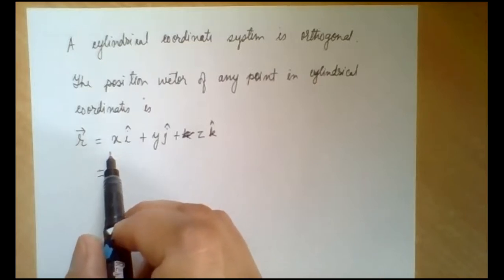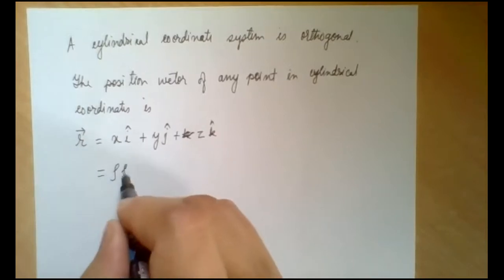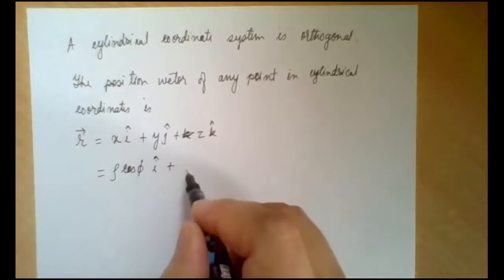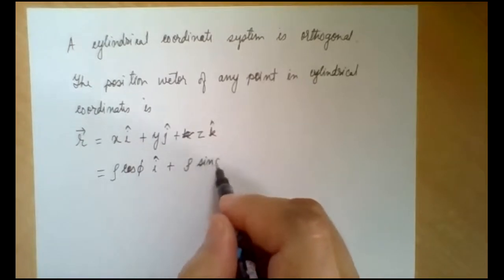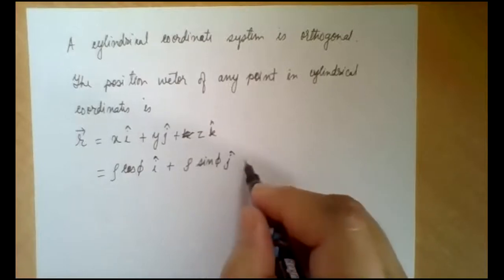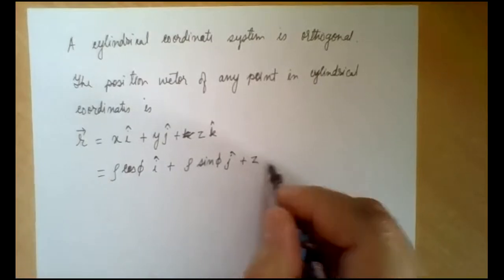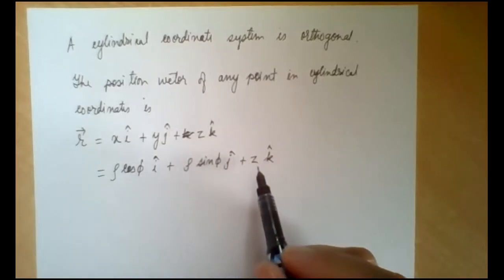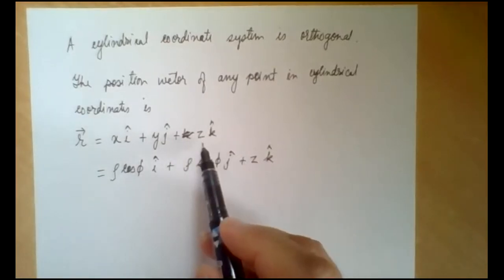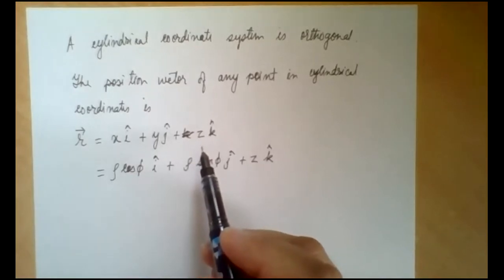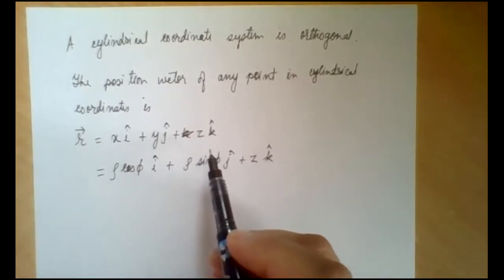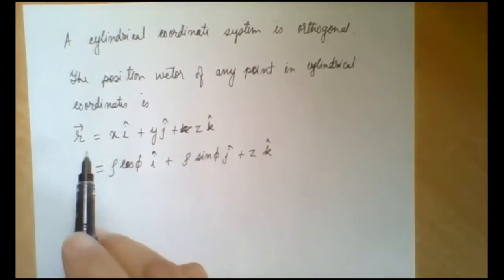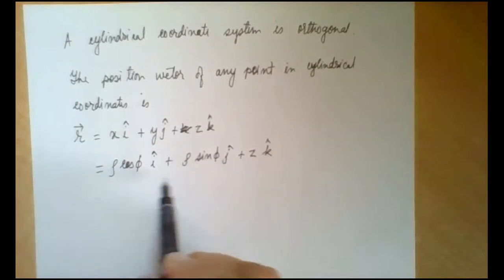So we replace x by rho cos phi i cap, plus y is rho sin phi j cap, plus z. In cylindrical and Cartesian coordinate systems, z is defined in the same sense, so z remains as it is. So in cylindrical coordinates, the position vector of any point is given by this expression.